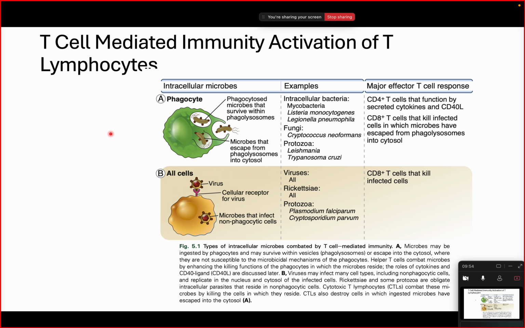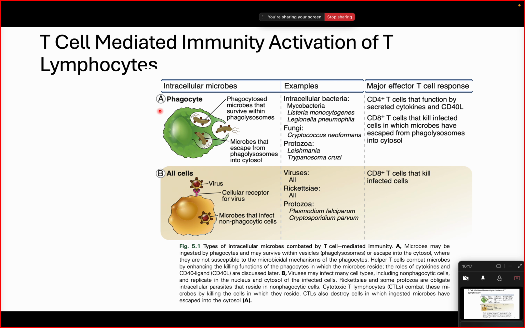The antigen is inside the cell. Then how is our body going to take care of such pathogens which are inside the cell? There are two ways where the intracellular pathogen is taken care of. If you look at the first, that is A, what will happen? The macrophages are always searching for microbes, right?